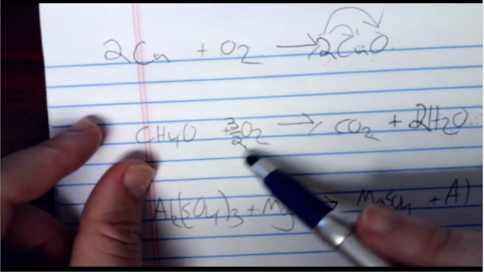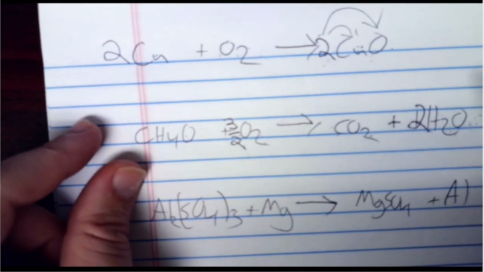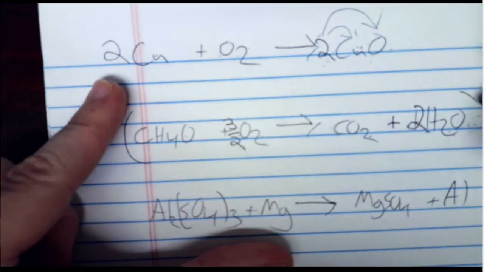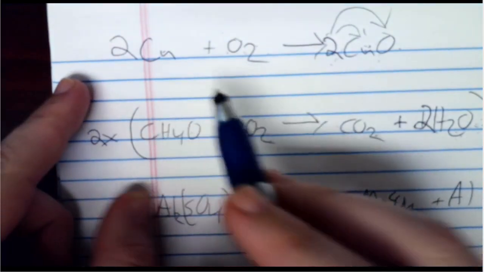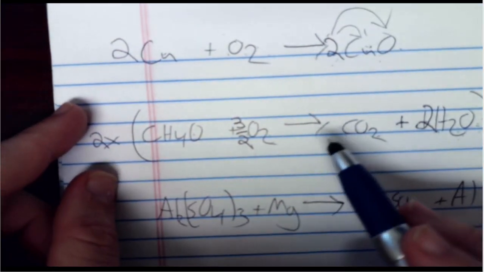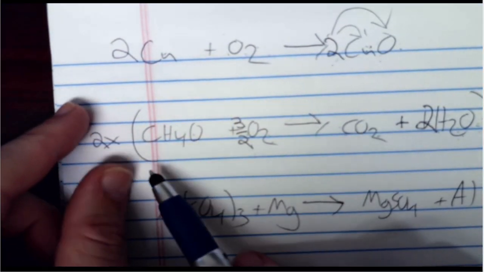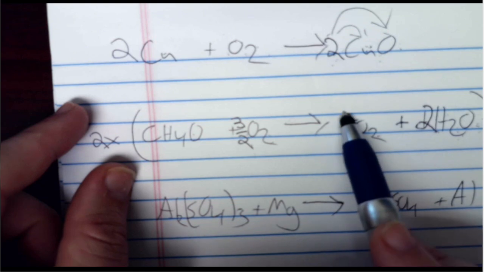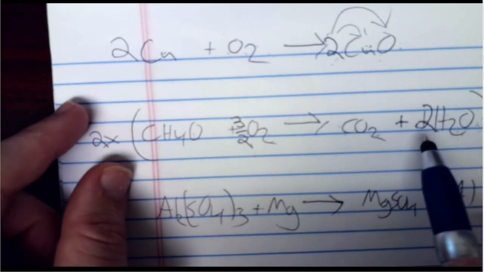Well, I need to get rid of all fractions in here. To get rid of all fractions, I'm going to multiply both sides by the factor of 2. So this is 2 over 2. That's 2 over 2, that's 4 over 2.